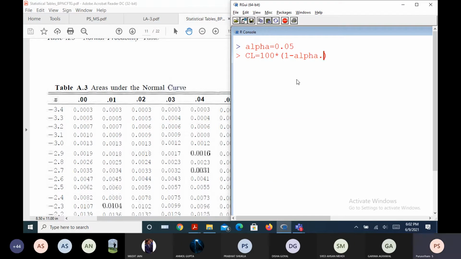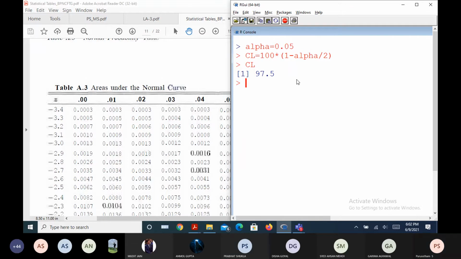Then what is the confidence level? 97.5%. When alpha is 5%, the confidence level will be 97.5%, and dividing 97.5 by 100 gives 0.975. Do you agree?